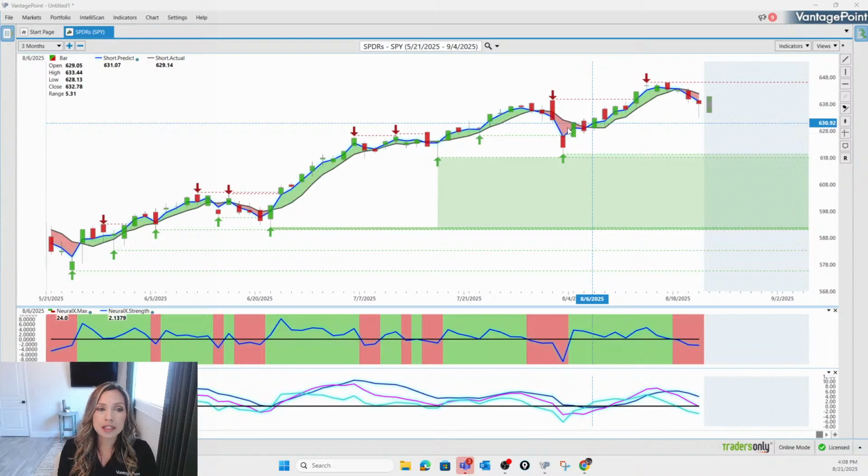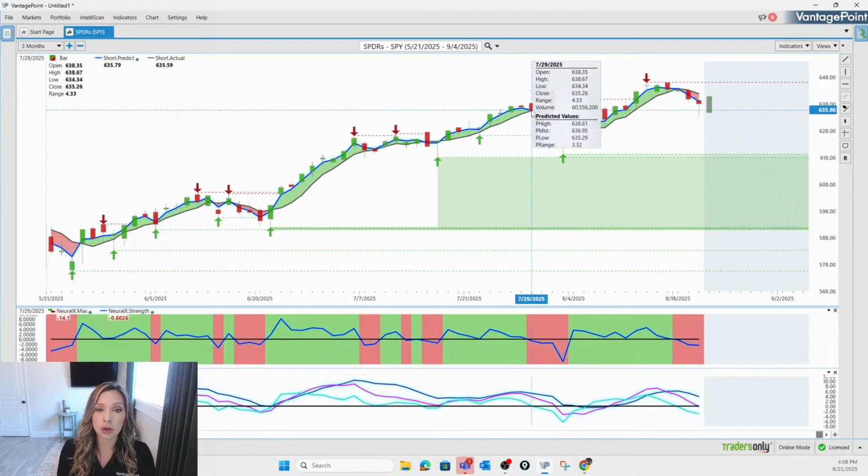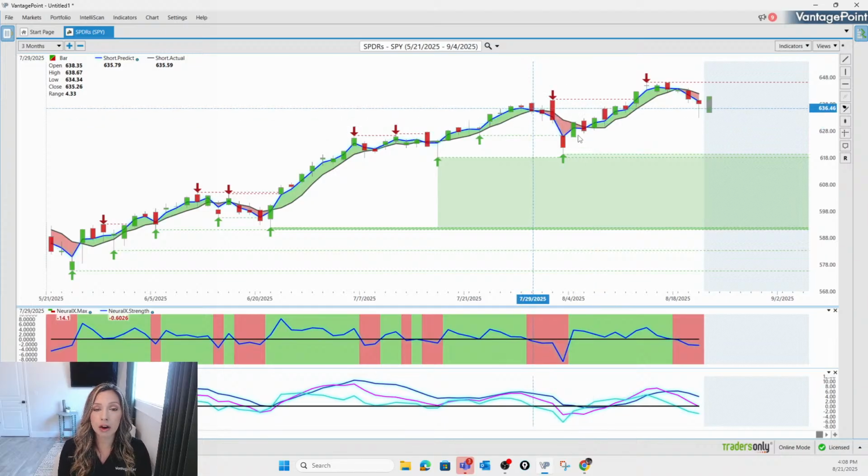All right, and this is a great way to really avoid getting stopped out or scared during these situations where we might see a little bit of weakness in the markets, because the markets aren't all strong or all weak all at the same time. They like to fake traders out.